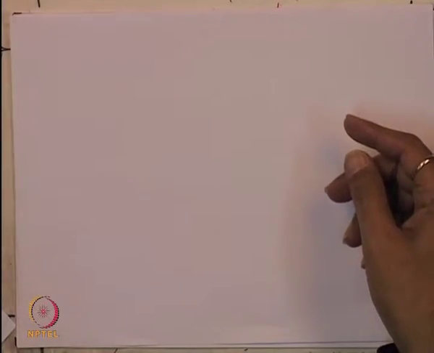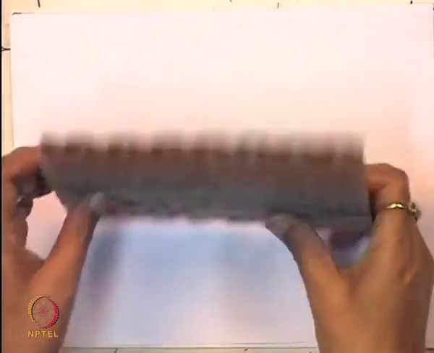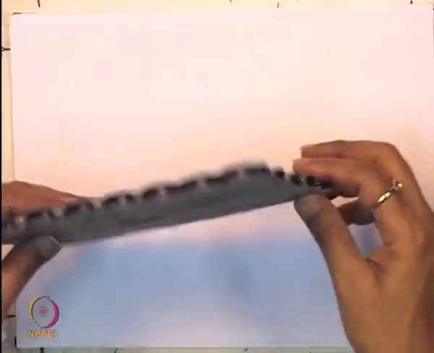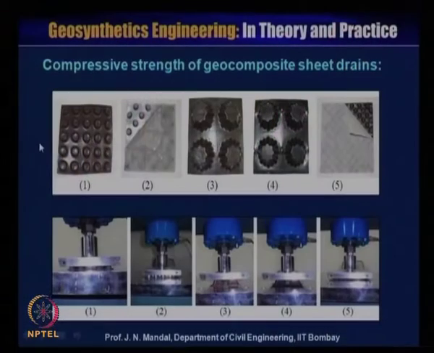There are a variety of geocomposite sheets. This is also laminated with geotextile on one side and the other side. So these are the different types of the material, and the compressive strength of geocomposite sheet drain has been tested.